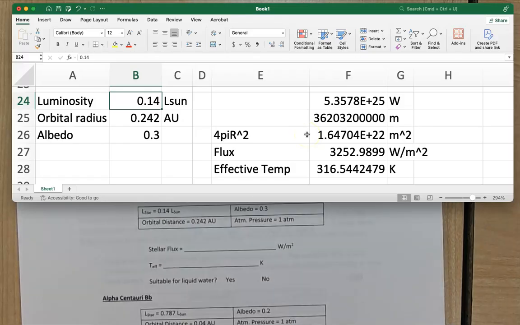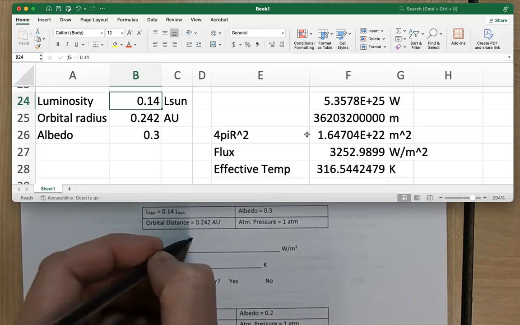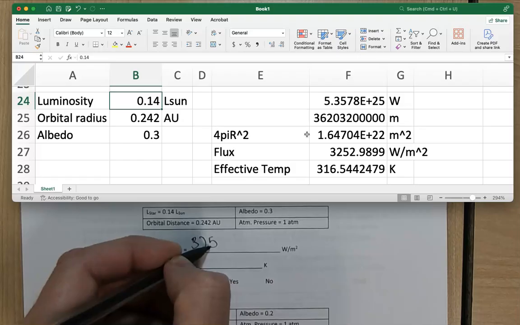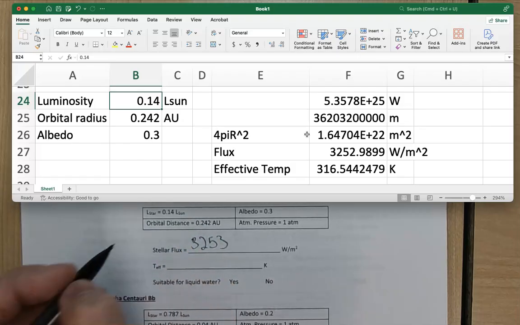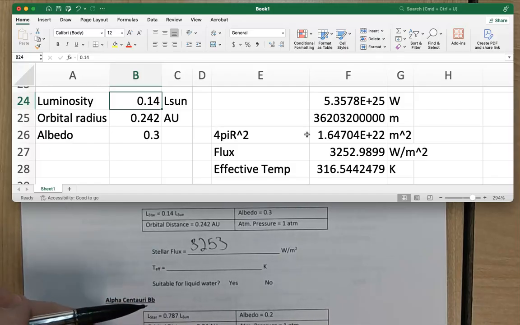The flux of starlight shining on this planet is 3,250. I'm just going to round up to 3. So again, a flux that's in the low thousands like we were expecting. That sounds like a warm planet.